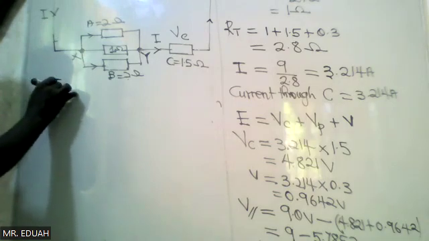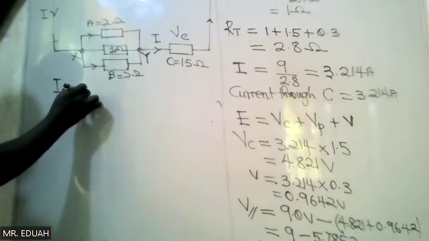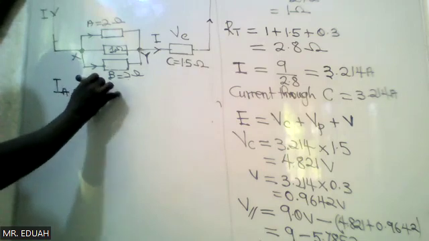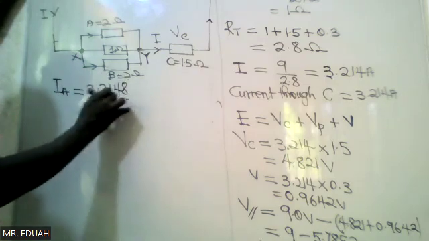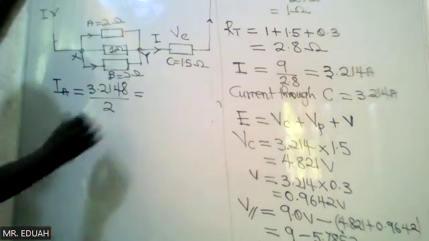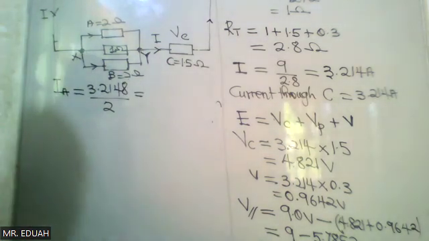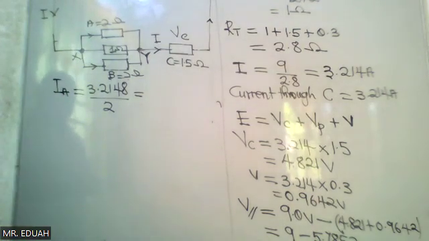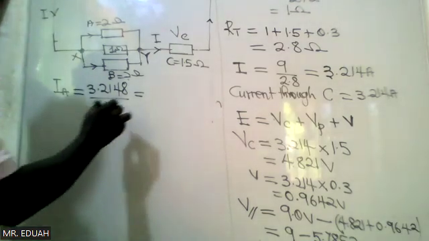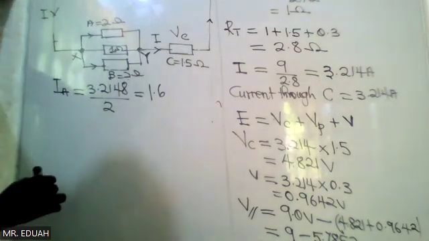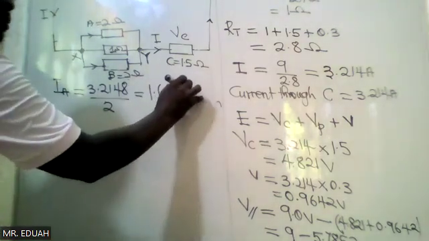So IA is equal to 3.2148 over 2, which is 1.6074 ampere.